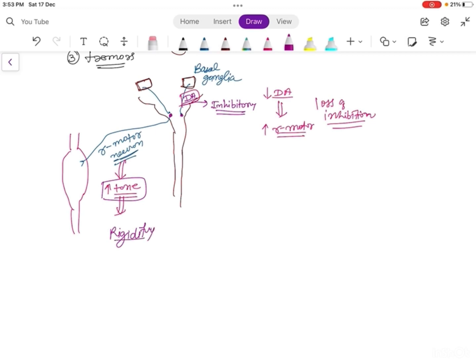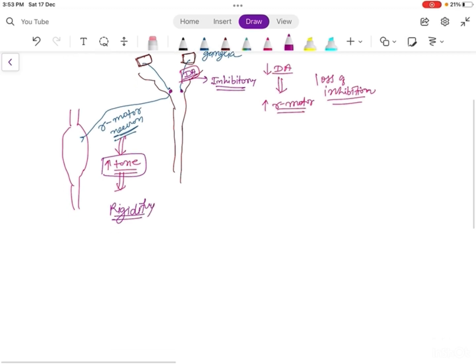right? And the main differentiating feature between this rigidity and spasticity is that this rigidity will be in both types of muscles, like flexor and extensor, both groups of muscle, which means it tightens the extensor as well as the flexor muscle.